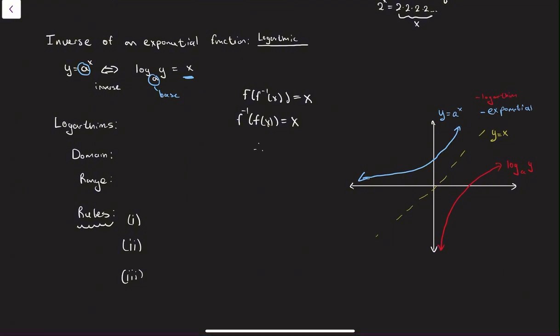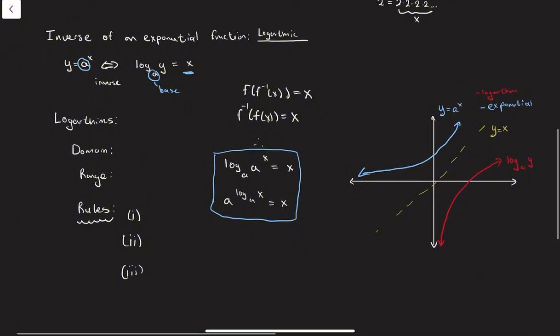Therefore, for logarithmic functions, we can say that log base a of a raised to x equals x. As well, if we have a raised to log base a of x, we can say that that is equal to x. So this is a neat property derived from the cancellation formulas of inverse functions. So that is definitely something to note.